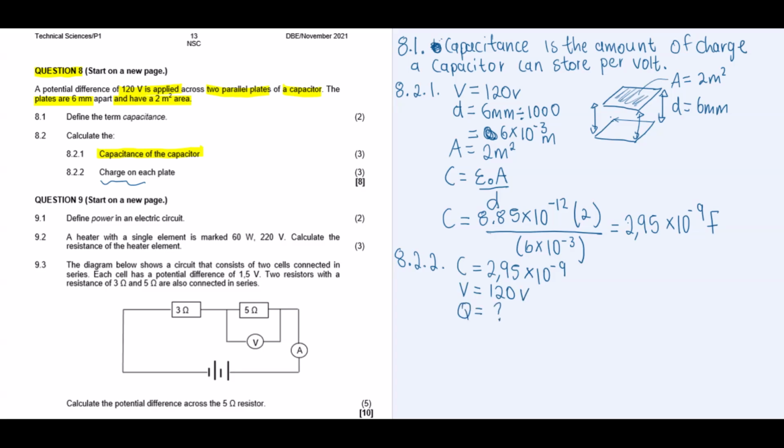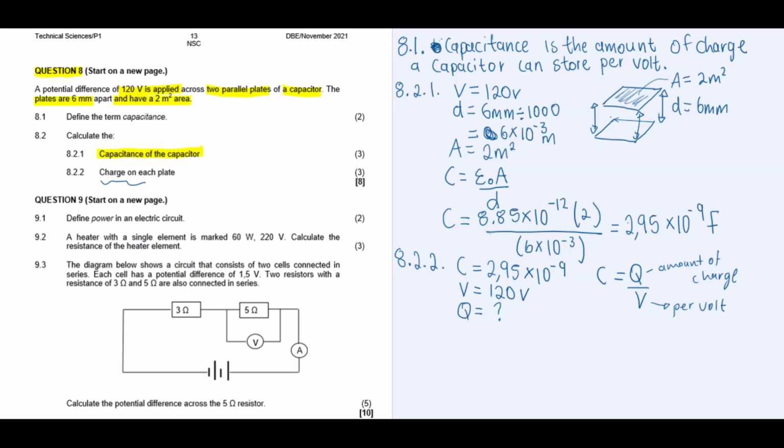To calculate the charge, we say C is equal to Q over V, right? The capacitance and charge relate through this formula, which states that the capacitance is the amount of charge per volt.